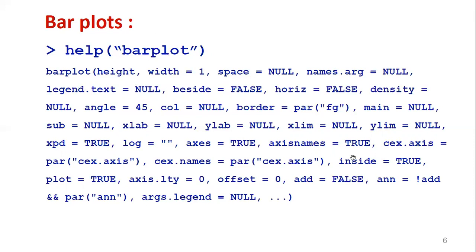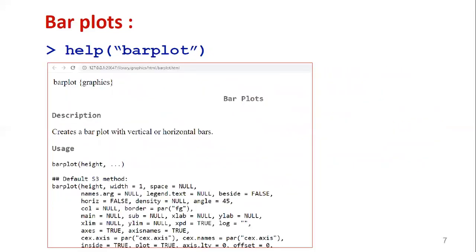For barplot, all parameter usages are included here: height, width, space, names.arg, legend.text, beside, horizontal, density, angle, col, border, etc. You can see all the parameters fully. Details are given here, and we will see the examples also. Whenever you type the help command, it displays that it creates a bar plot with vertical or horizontal bars.